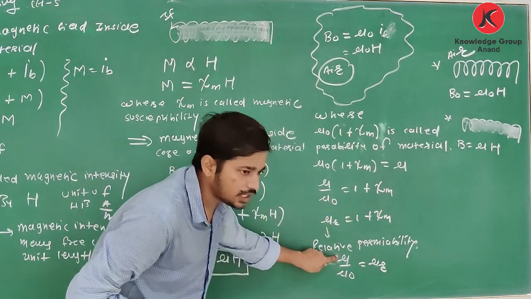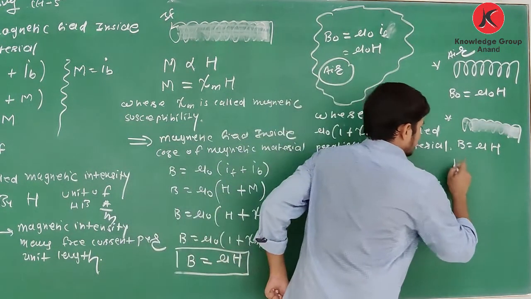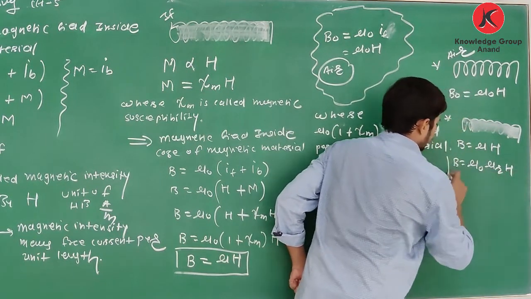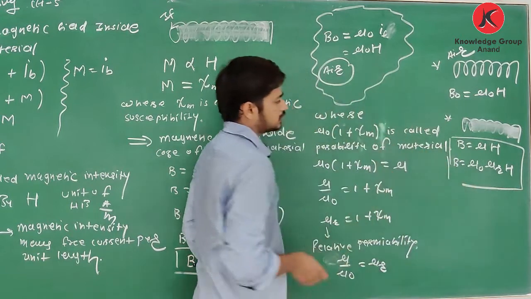So what is mu? It is mu 0 mu r. So yes, B is equal to mu 0 mu r H. You can also use this equation.